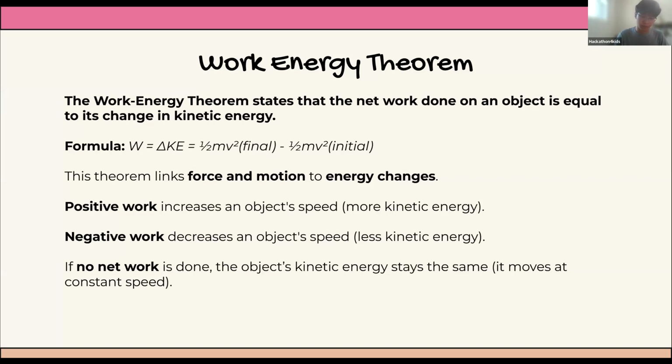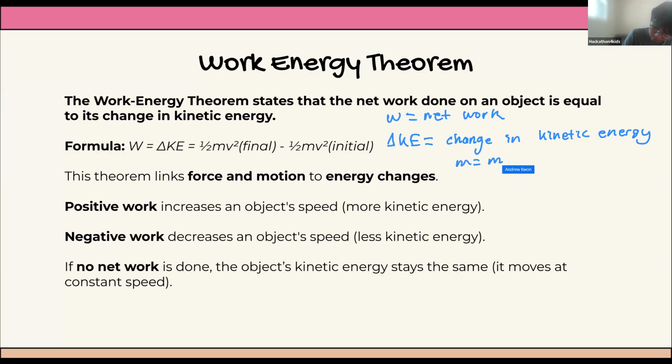Okay, I'll write all the variable names, right? So W will be net work, delta KE is change in kinetic energy, M is mass, V is velocity.